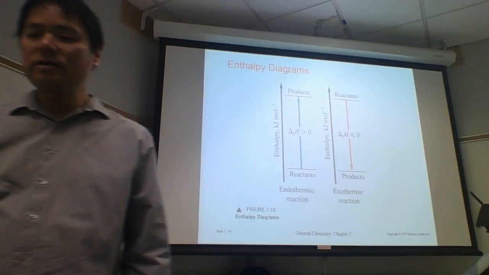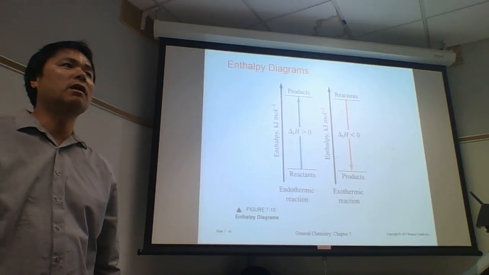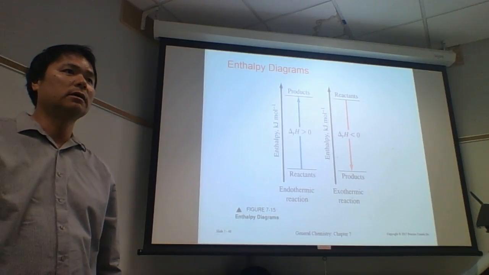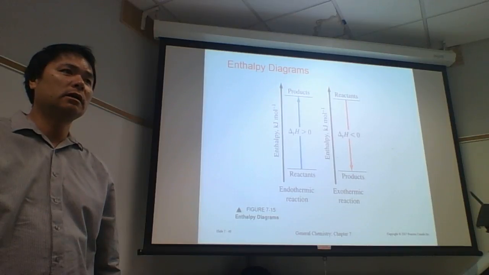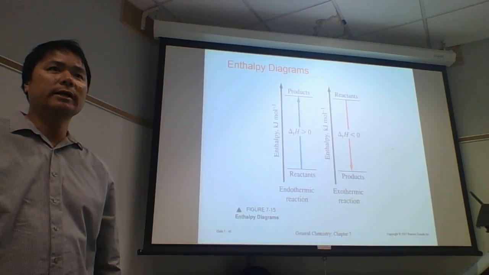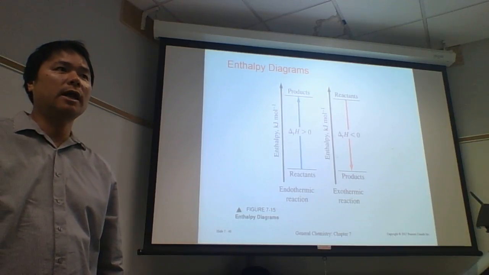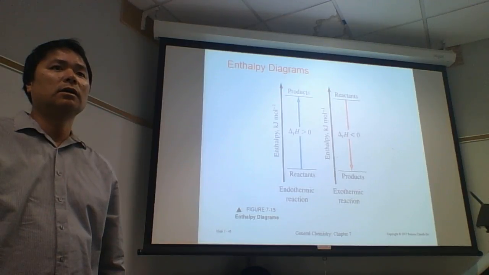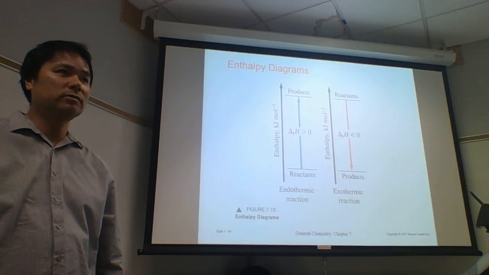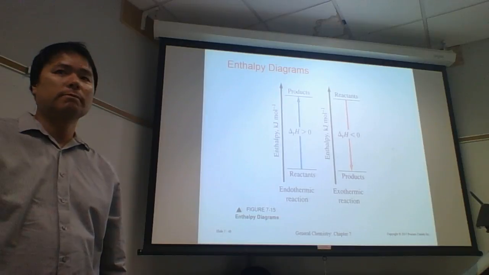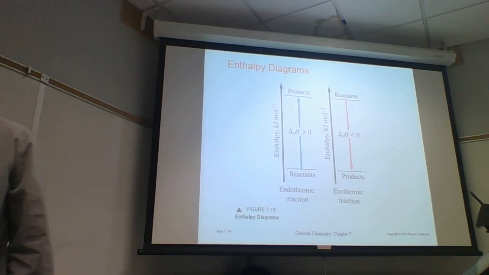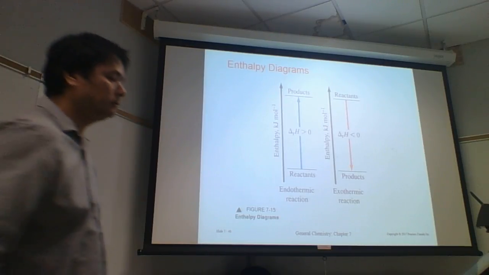So what are all the ways of determining delta H? One is coffee cup calorimetry. Two is bomb calorimetry and determining delta U. Actually, maybe I need to write this down.